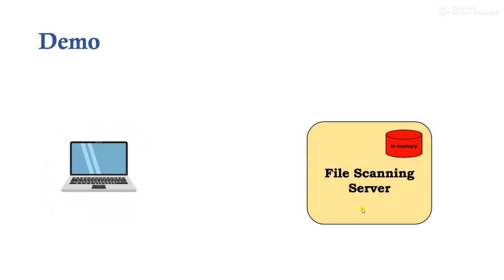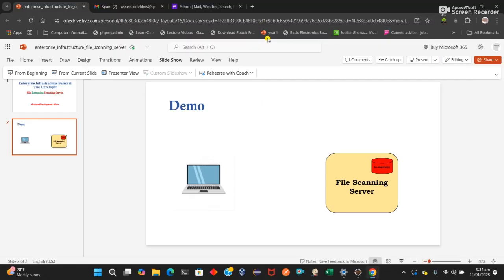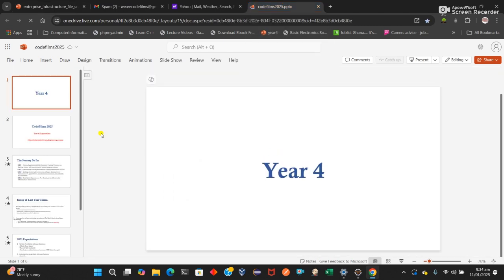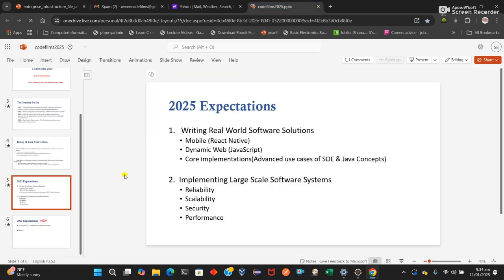So let's gradually go into the code base and let's appreciate everything that this code base promises to us. Before we even start that, let's first look at our objectives again for this year. Not forgetting that our objectives for this year is just for us to be able to build real world solutions, as promised here.